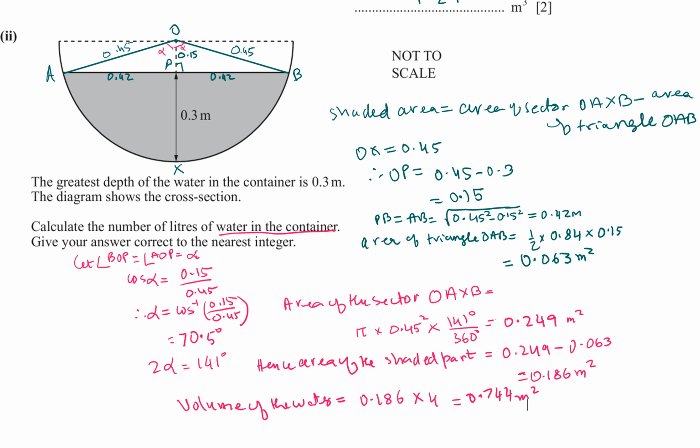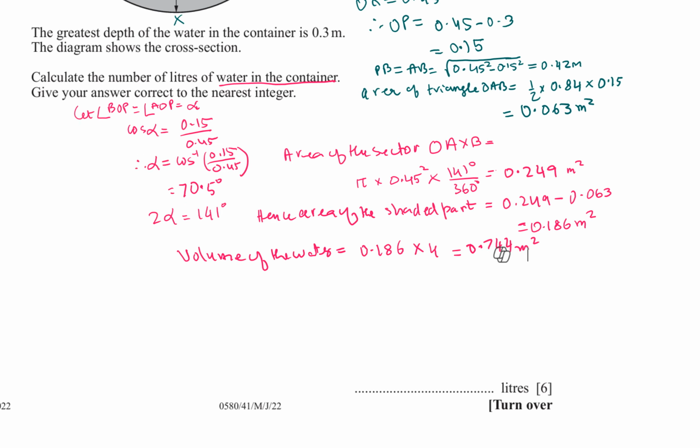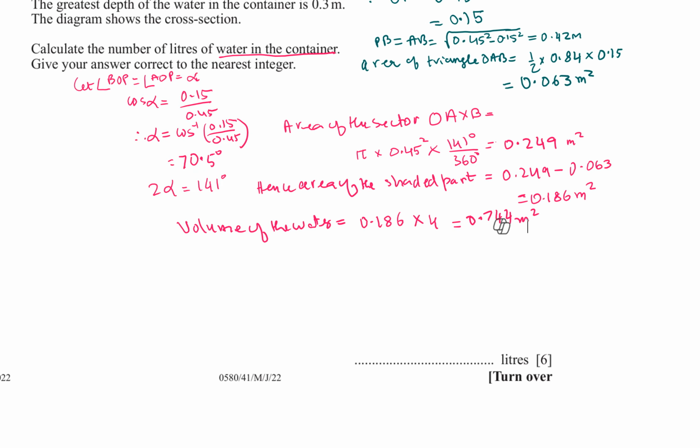We need to find the answer in liters. So to convert it, I have to multiply it by 1000. So 0.744 multiplied by 1000 would give me the answer in liters. That's because this is meter cube, not square.